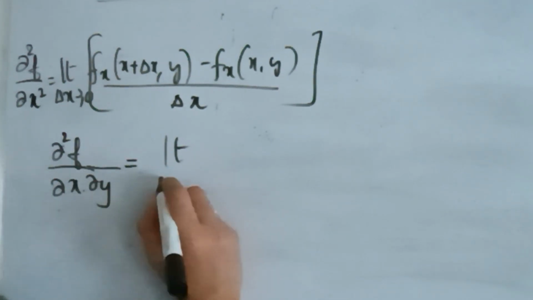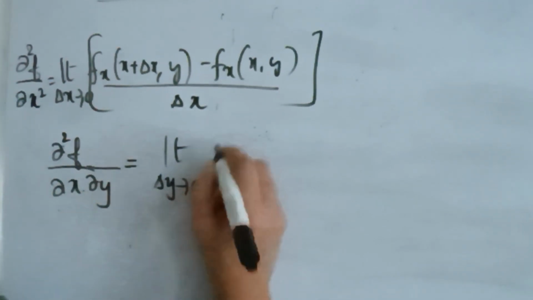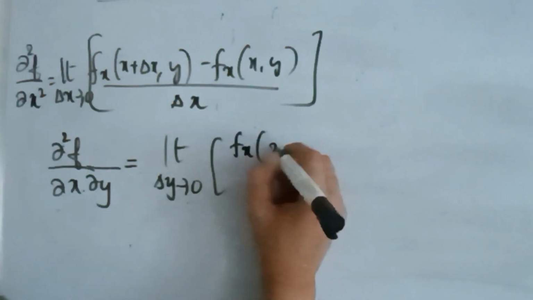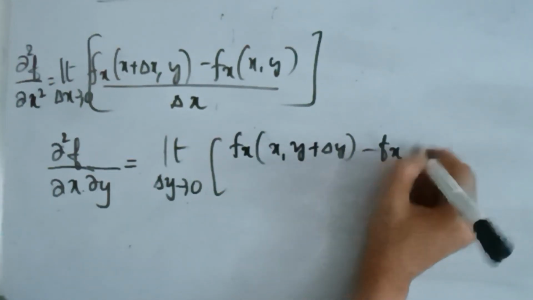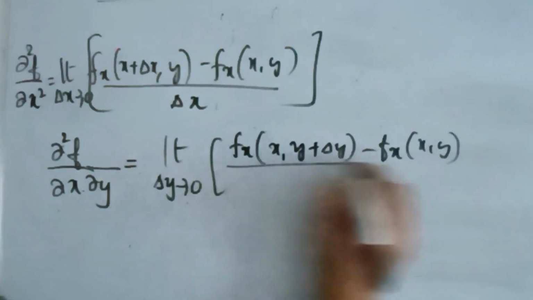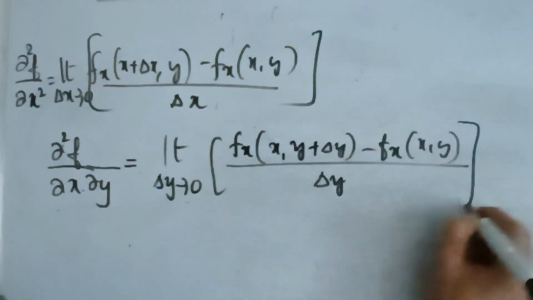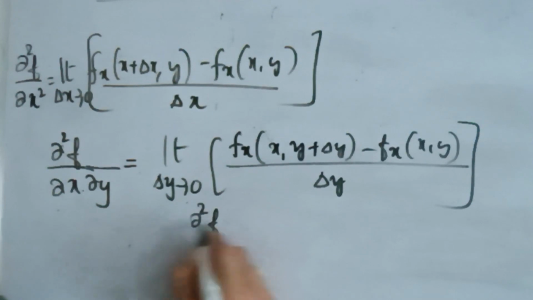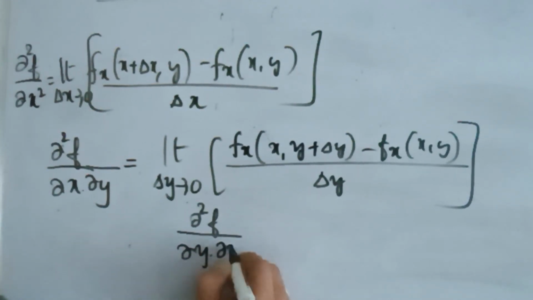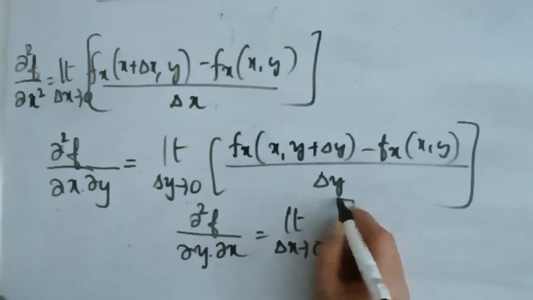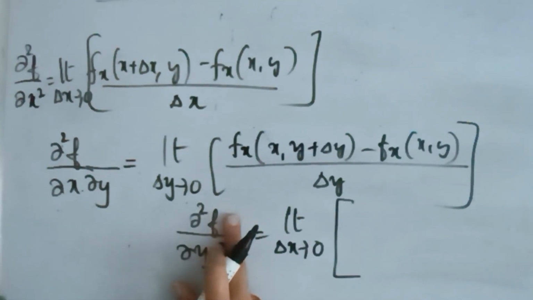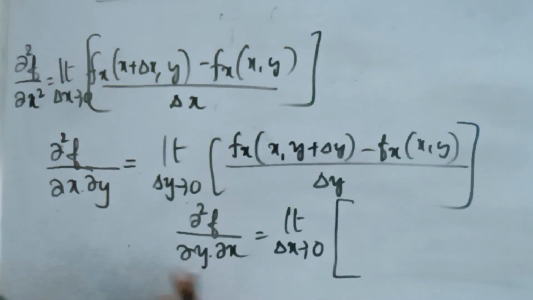So, limit delta y tends to 0, fx of (x, y plus delta y) minus fx of (x, y), divided by delta y. Similarly, if it is ∂²f/∂y∂x, in that case it is limit delta x tends to 0, because first we differentiate f with respect to y partially, then with respect to x.